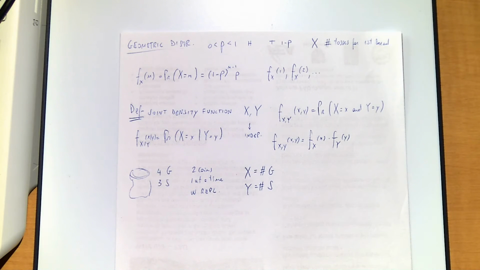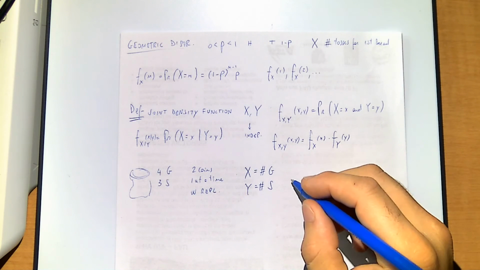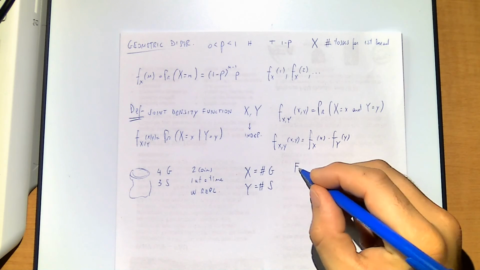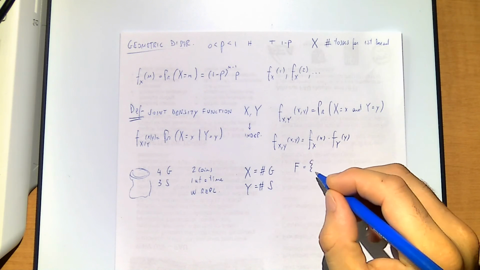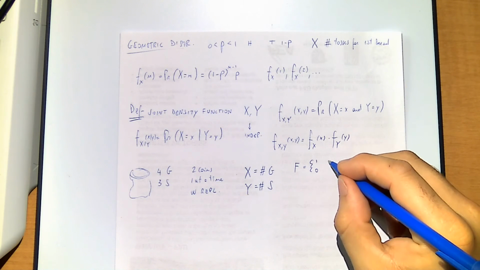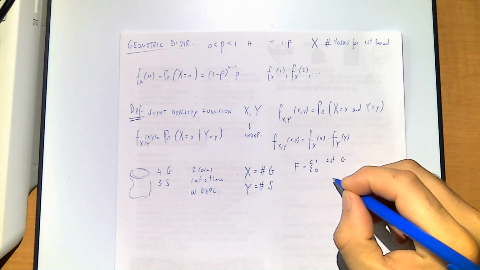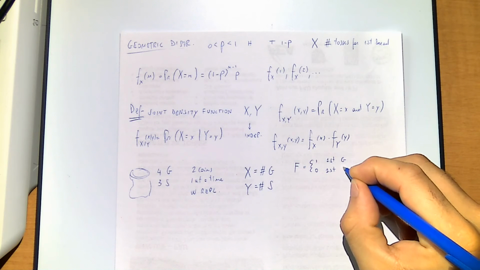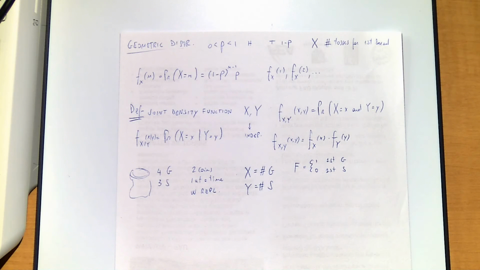How do we find the joint density function in this case? We have to calculate the probability that x is equal to little x and y is equal to little y. To make this easier, we can define 2 additional variables, let's say f, which is equal to either 1 or 0 if the first is gold or if the first is silver. So f is a random variable that returns 1 if the first drawn is a gold.